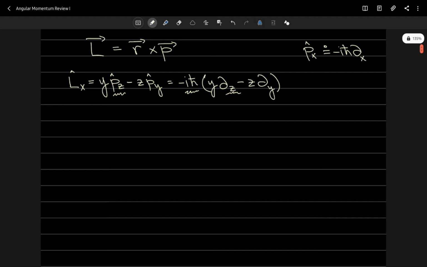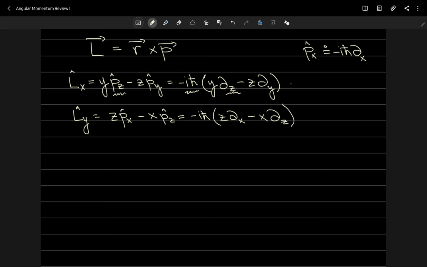Okay, so likewise I can have this Ly component would be z px minus x pz, right? And this thing would be equal to negative iota h bar z partial derivative with respect to x minus x partial derivative with respect to z, following the same procedure that we did over here, right?